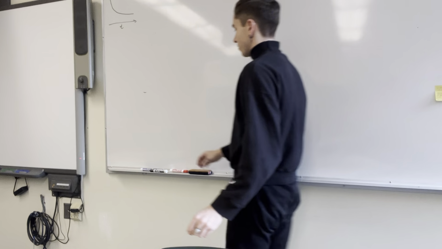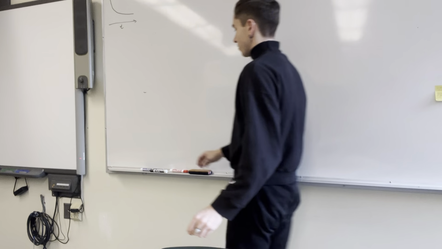So just my little neuron, this is just very quick. So, dendrites, soma, axon terminals, dendrites of another neuron here, with it going down this way.